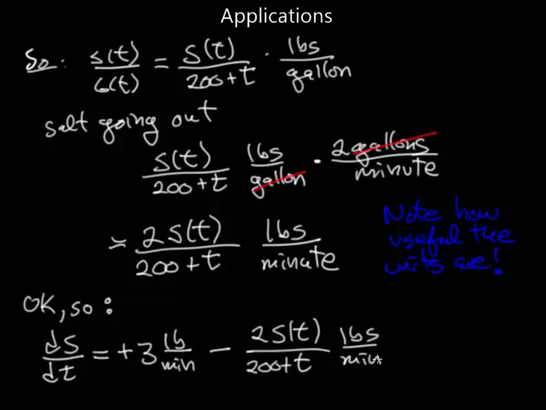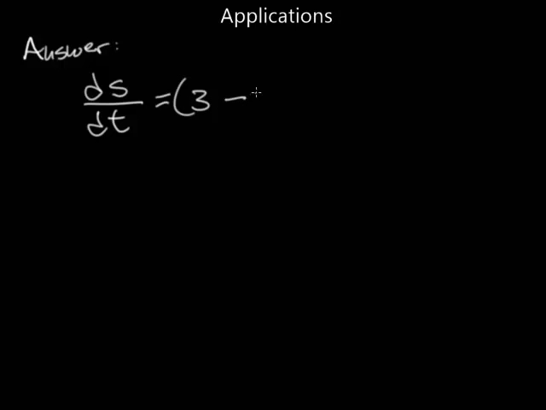That's the differential equation for dS/dt. So we've got our answer: dS/dt is 3 minus 2S over 200 plus t. The question was to write down this differential equation, so we're done. That's the answer.